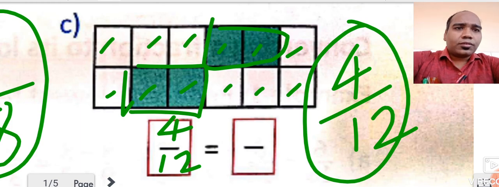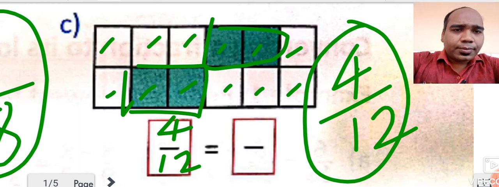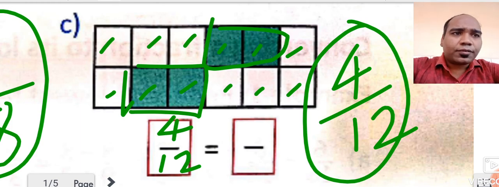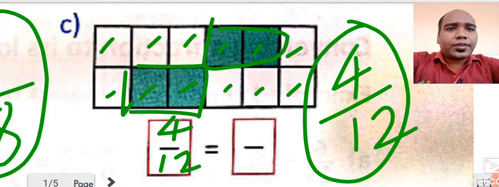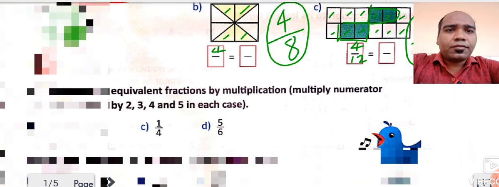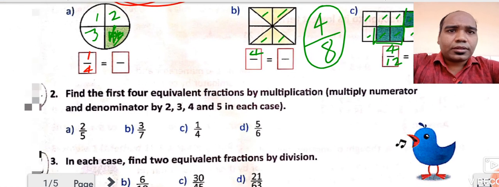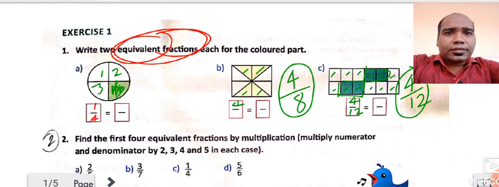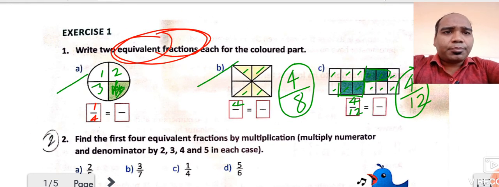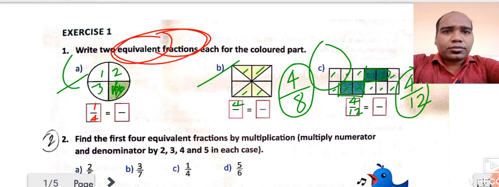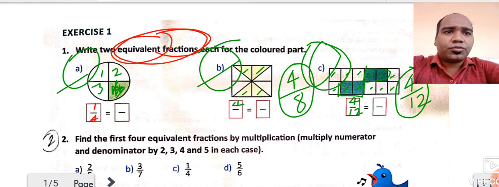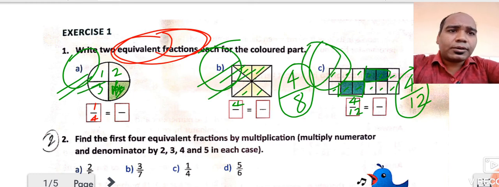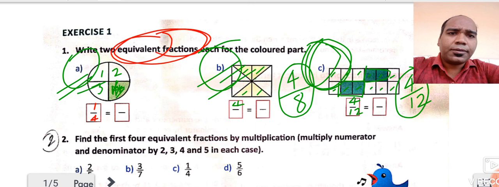Okay, so I hope this is clear to you. How do we write the fraction, looking at the figure? So question number 1, A, B and C, all these 3 questions you'll do in your copy, making the figure.